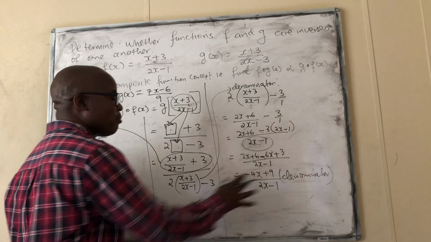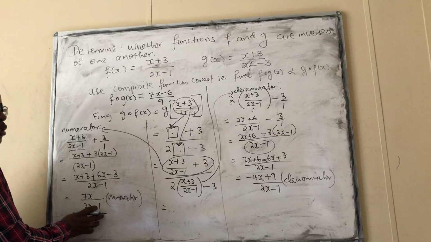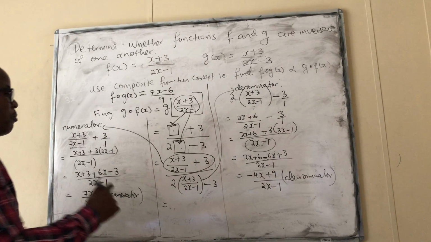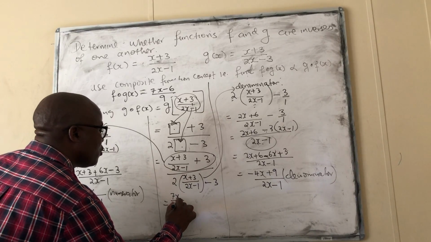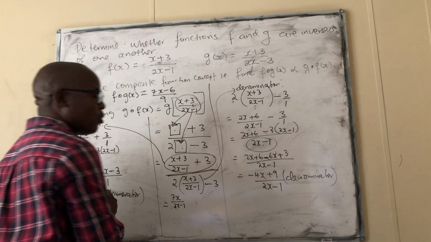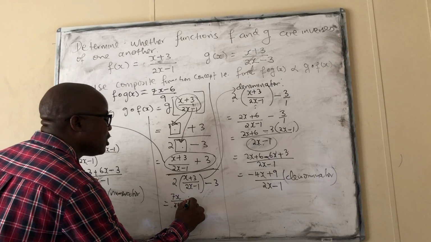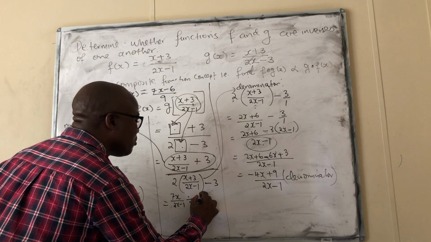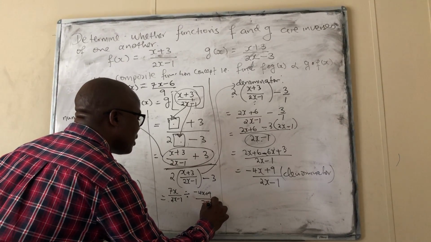This is the simplified denominator, which means that in the numerator we put this one, and in the denominator we put this one, because it's simplified. So this will be 7x over 2x - 1. This long horizontal bar means division, so we use the division symbol over this, which is (-4x + 9) over (2x - 1).